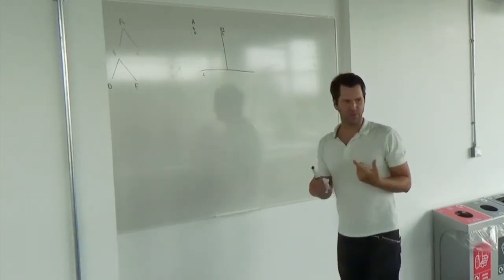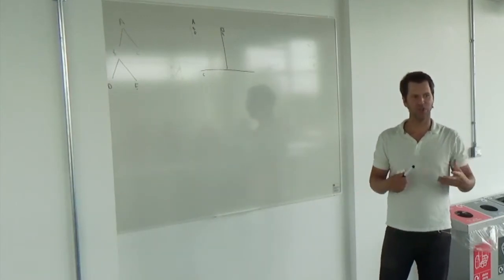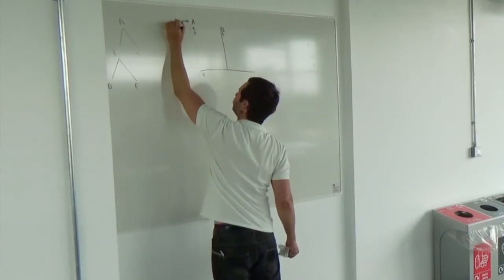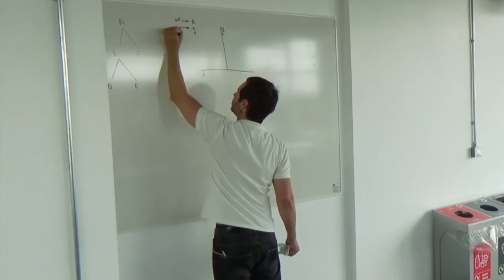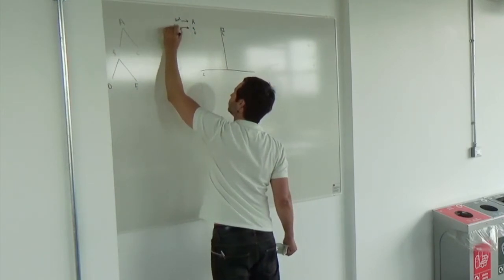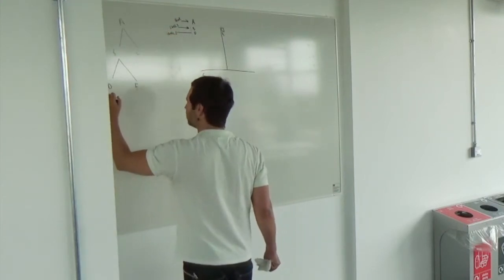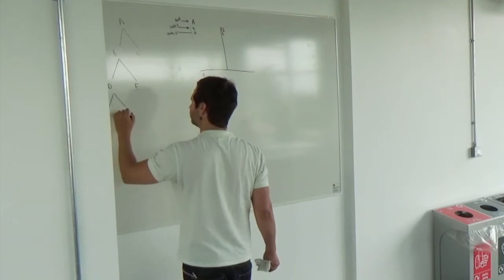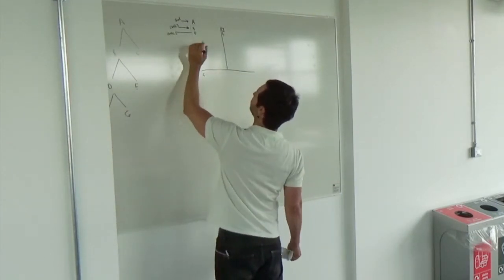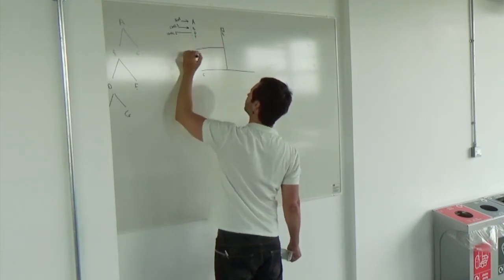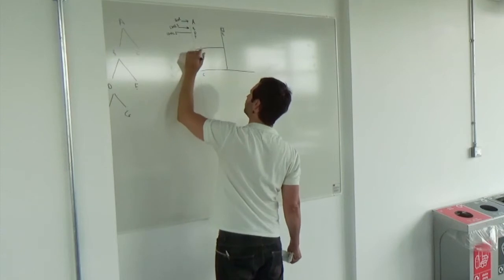If I was writing a test and I just wanted to be really extra cautious and make sure that there were no misunderstandings, I would put something like root, level 1, something like this, level 2, and D can be subdivided, F, G. Or, well, you don't have to put this here.